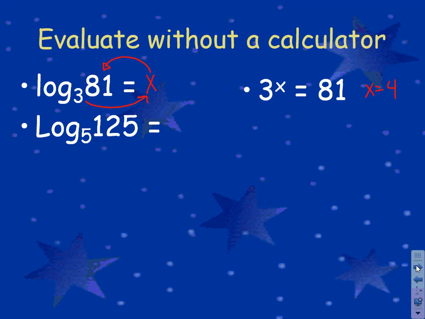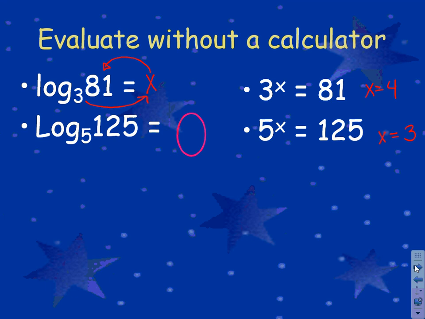What about log base 5 of 125? 5 to what power is equal to 125? And you're saying x is equal to 3, because 5 times 5 times 5 gives me 125. So make sure you're writing these examples down too. The more examples you see, the more this is going to make sense and the easier this will be.